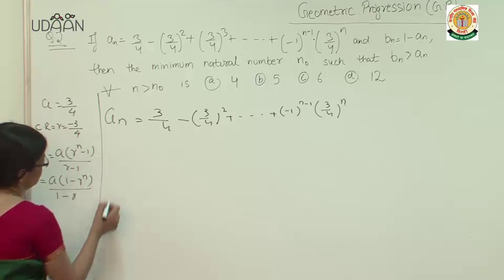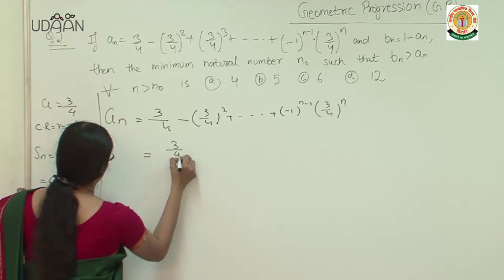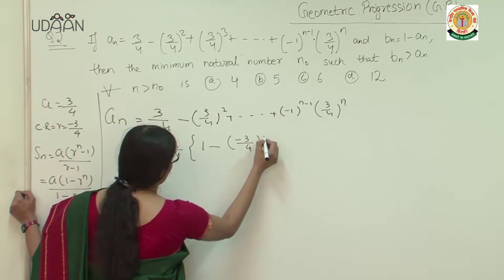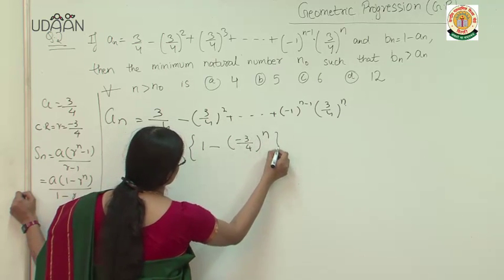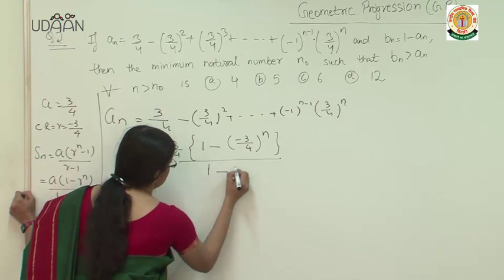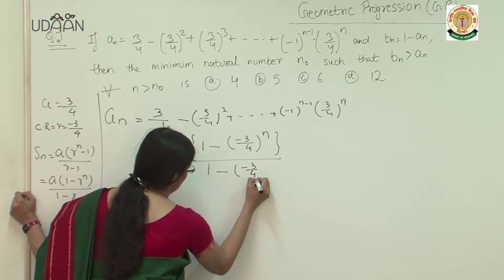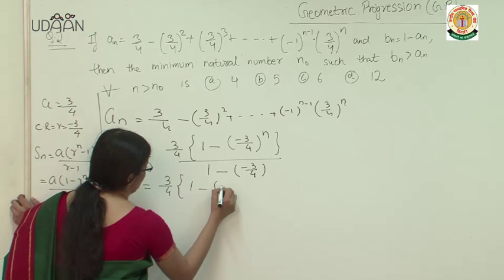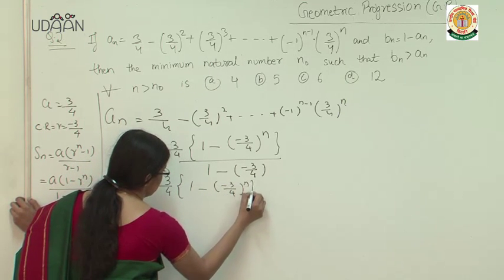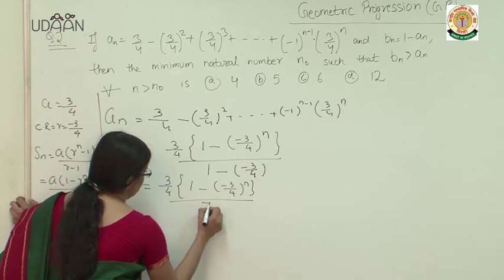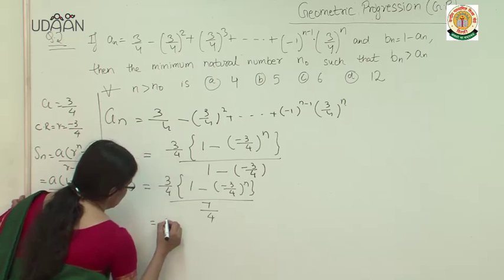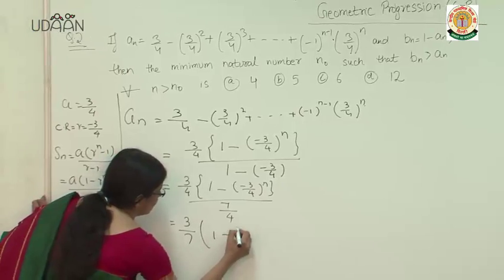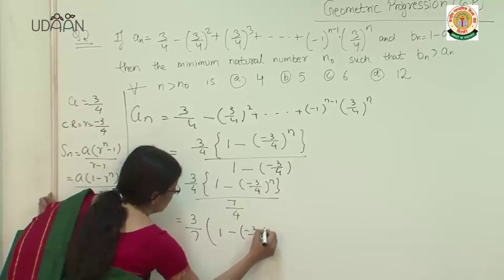Let us put the formula: a into 3 by 4, 1 minus of minus 3 by 4 power n, sum to n terms, divided by 1 minus of minus 3 by 4. 3 by 4 into 1 minus of minus 3 by 4 power n divided by, this will be 7 by 4, equal to 3 by 7, 4 and 4 will cancel off, 1 minus of minus 3 by 4 whole power n.